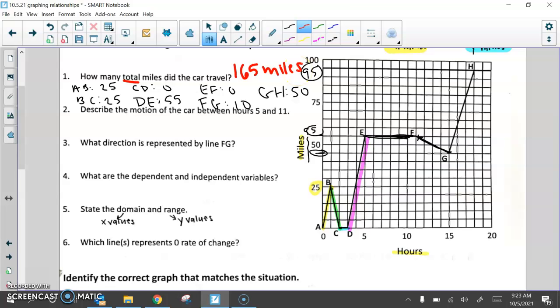Okay, next it says describe the motion of the car between 5 and 11. So let me erase some of all my marks on here. So now we're looking at 5 and 11.